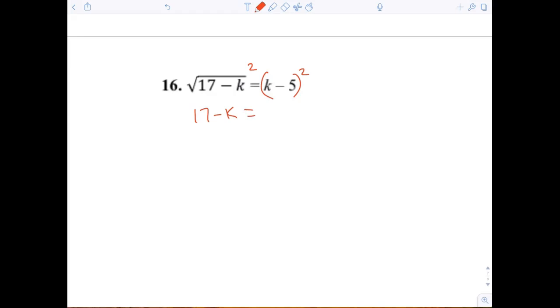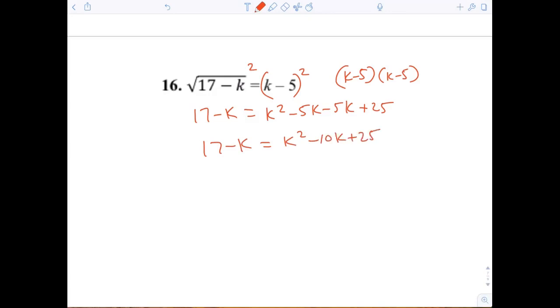So remember, when you square k minus 5, you got to go k minus 5 times k minus 5, which is k squared minus 5k minus 5k plus 25. 17 minus k equals k squared minus 10k plus 25. Anybody have any issues with that so far?